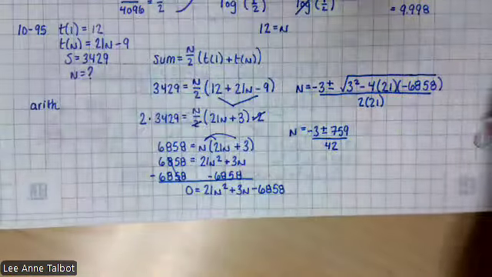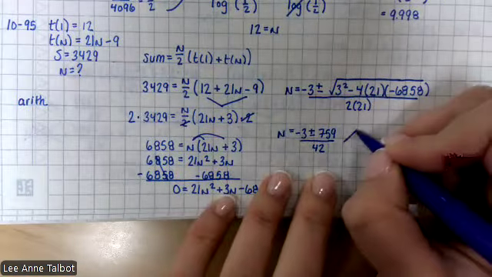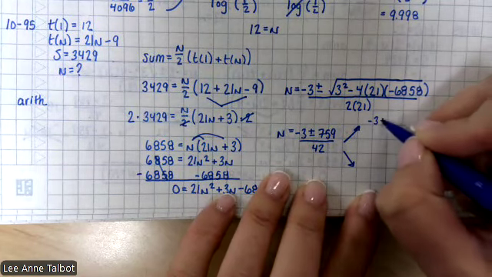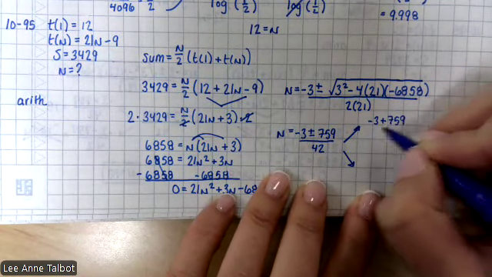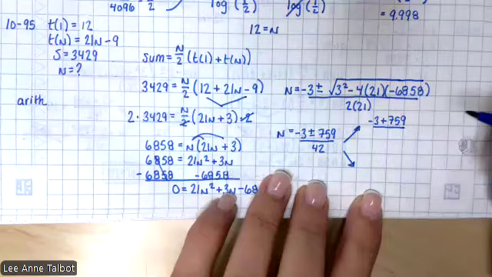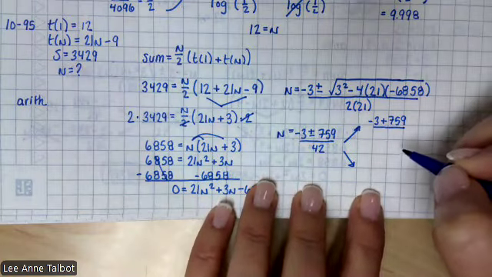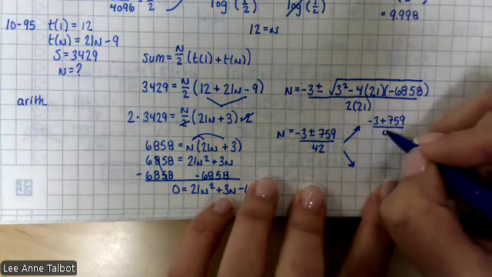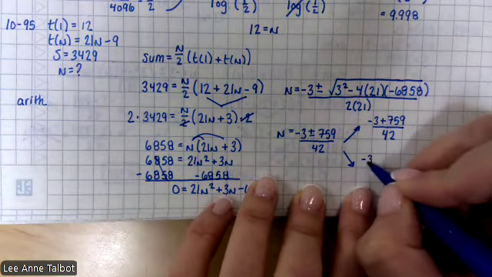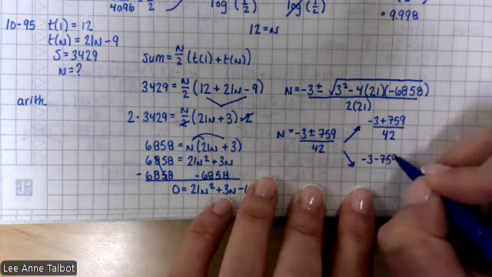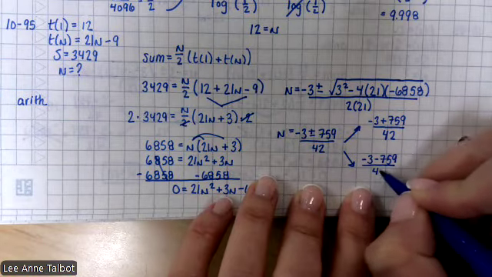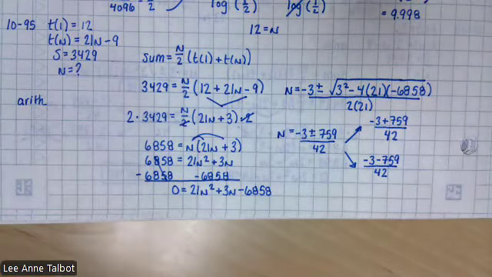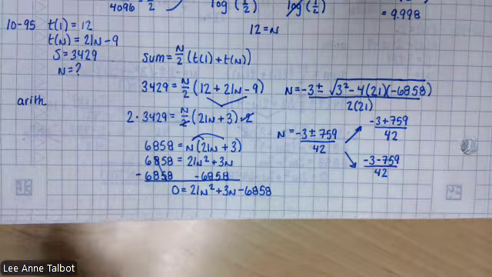It has to, because think about what you're solving for. You're solving for n, which is the number of spots, right? So if it doesn't come out to a positive whole number on any of these problems, you did something wrong.